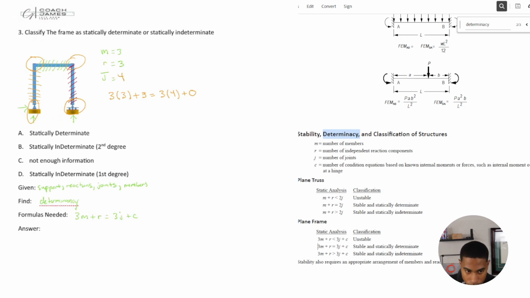Okay. So then I get 12 equal to 12, which means statically determinate. All right, everything's equal, so I would choose the second from the bottom, the one in the middle here, and yeah, we get statically determinate.